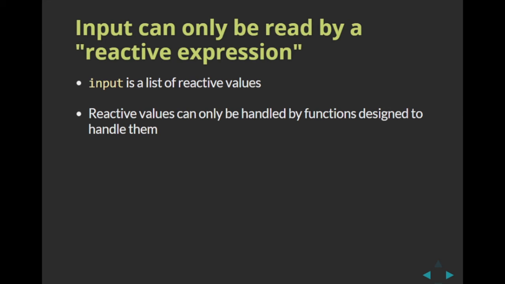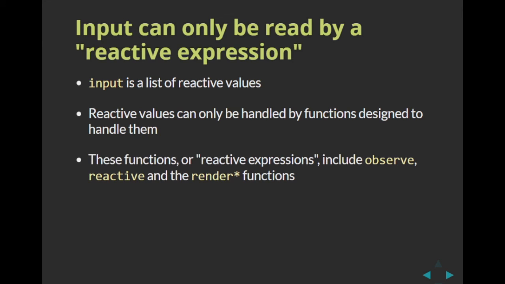Reactive values can only be handled by functions designed to handle them, mostly. There are some exceptions, but these functions that we're going to talk about are observe, reactive, and then the suite of render functions. So all of these entities in Shiny, observe, reactive, and render, are designed to take in a reactive value, react to it, and do something that you set up.